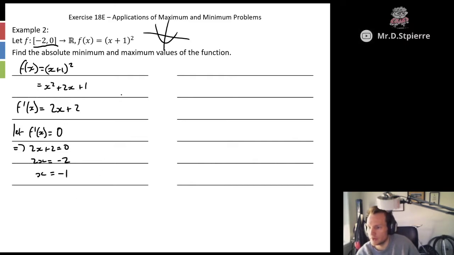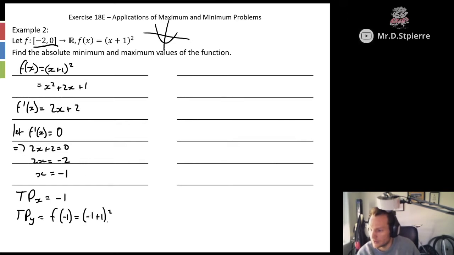So our turning point x coordinate is equal to -1. So our turning point y coordinate will equal f of -1. So we're subbing it back into our very original equation. So we get -1 plus 1 all squared, which gives us 0. So our turning point is at -1, 0.